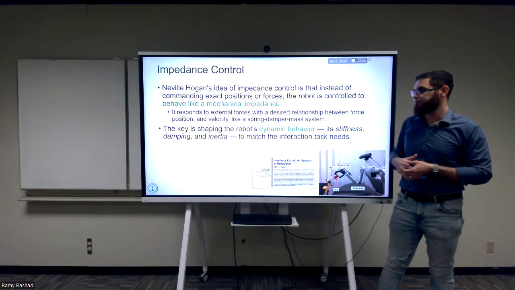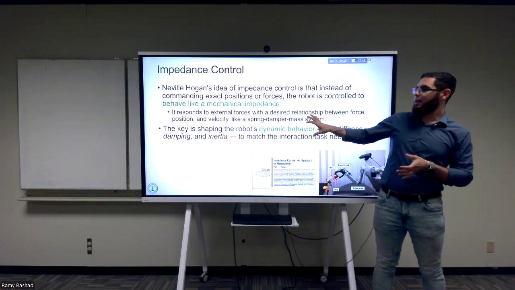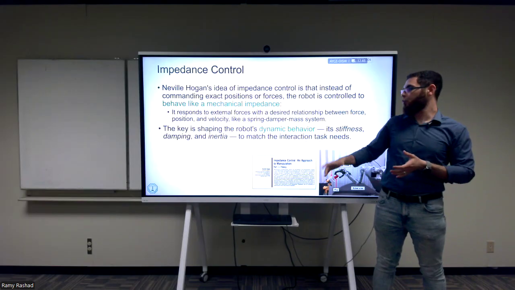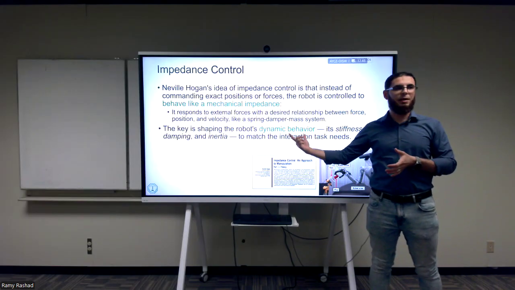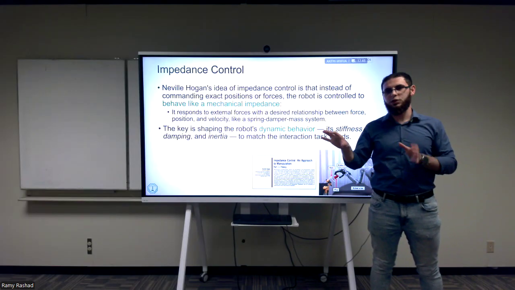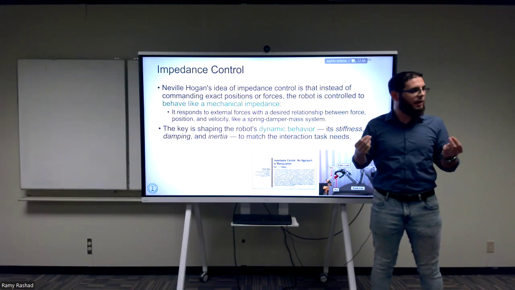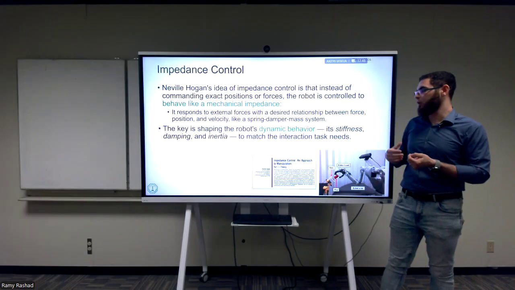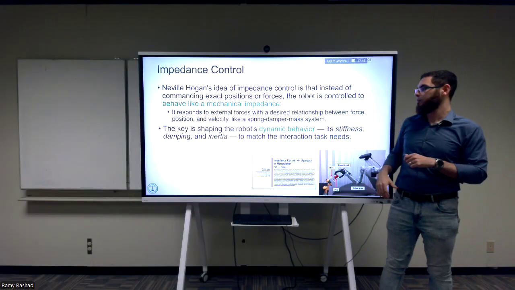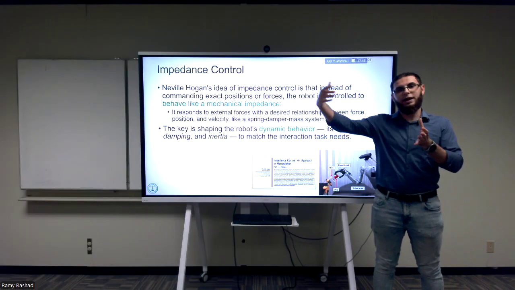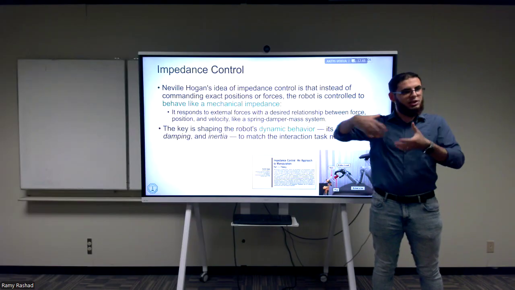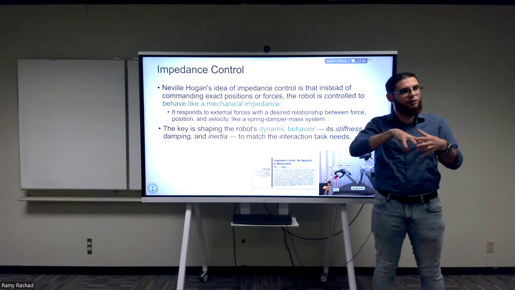This was the idea. And the key idea that we do when we're doing impedance control is that we're shaping the robot's dynamic behavior. So you see, we're not controlling the position, we're not controlling the force, we're shaping how the dynamics of the robot should look like when interacting with the environment. And by doing that, we don't care about what the environment is. We're just focusing on the behavior of the robot.